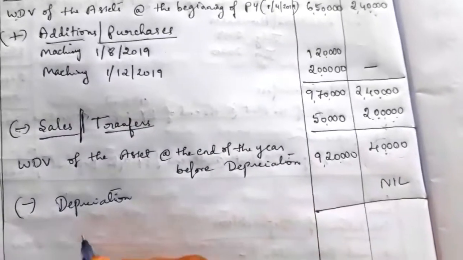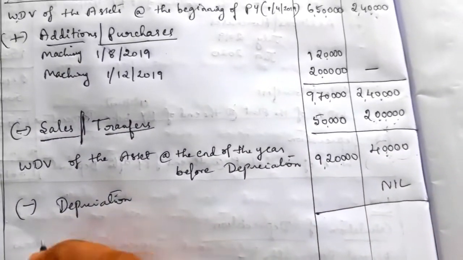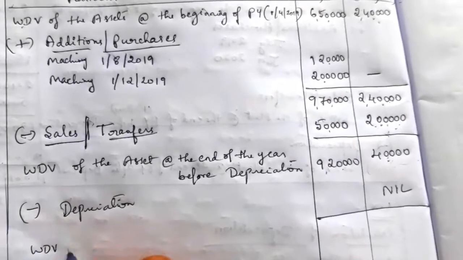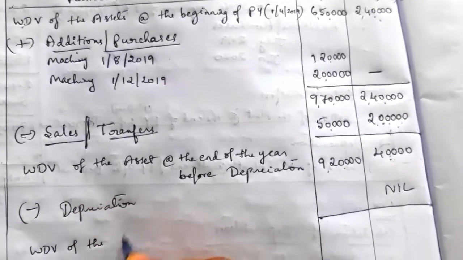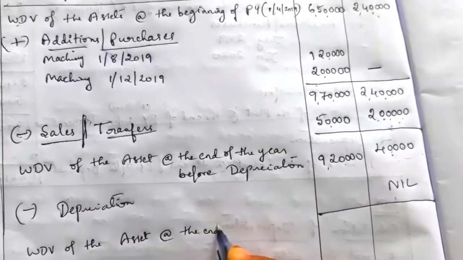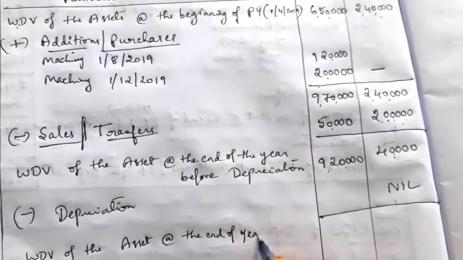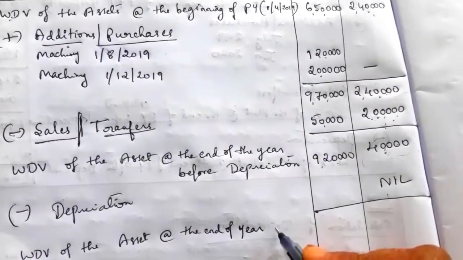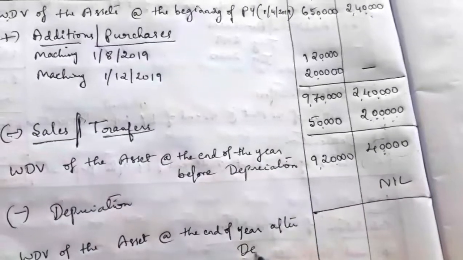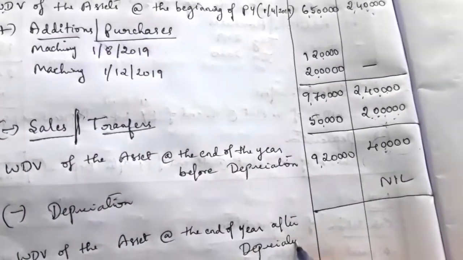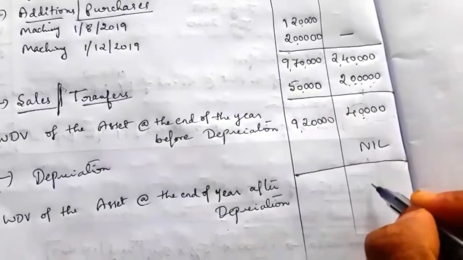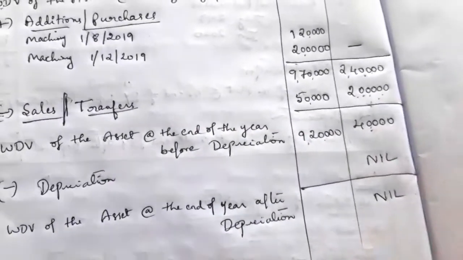So the written down value of the asset at the end of year, if you want you can write 31st March 2020 after depreciation. So there is no written down value, here it is nil.